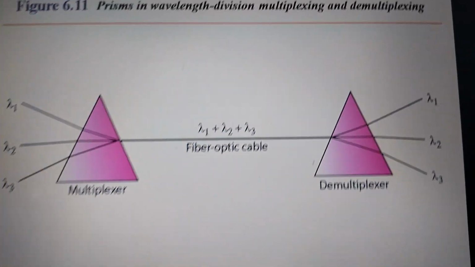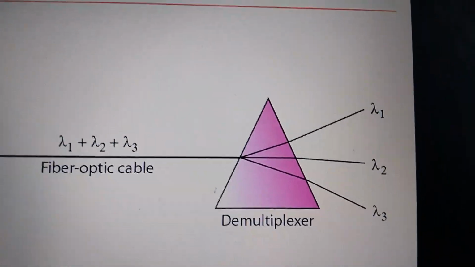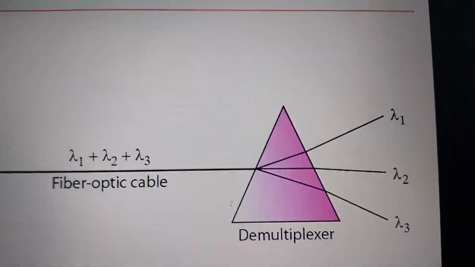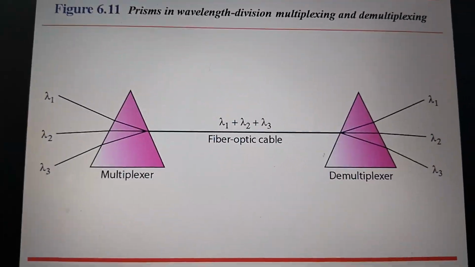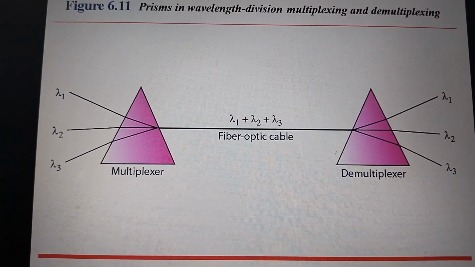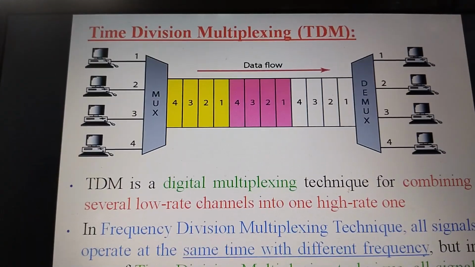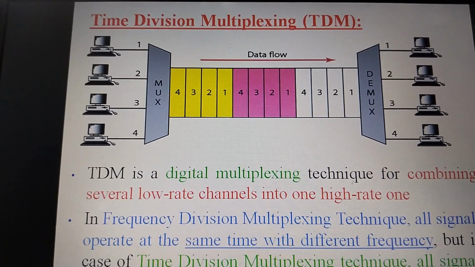At the receiver side there is one more prism performing demultiplexing. Demultiplexing is one signal to many outputs. Sorry, this is the frequency division multiplexing diagram.